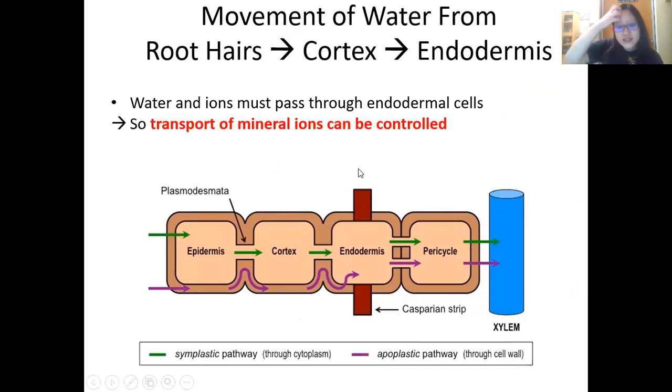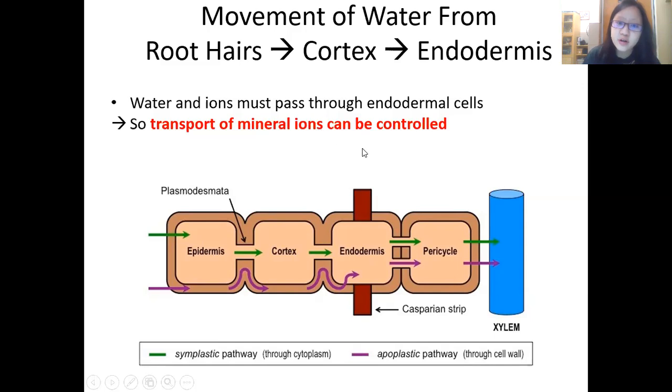Now, why is this important? This is important because if water and ions are forced to pass through the cell membrane, the cell membrane has transport proteins to control which mineral ions can come in and how much exactly.